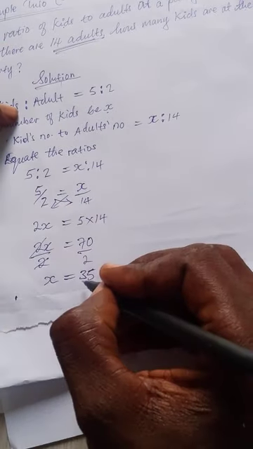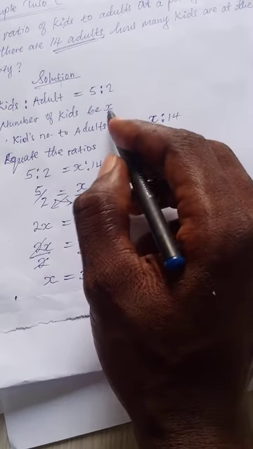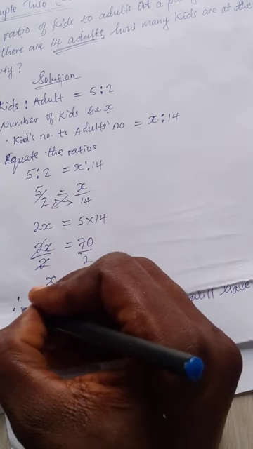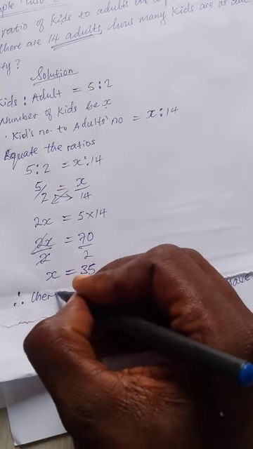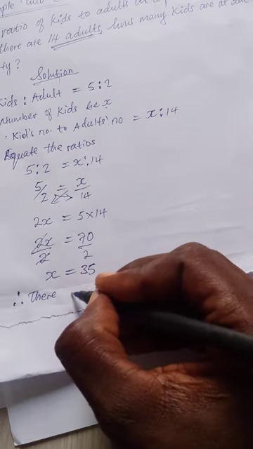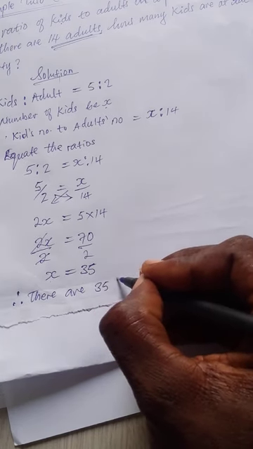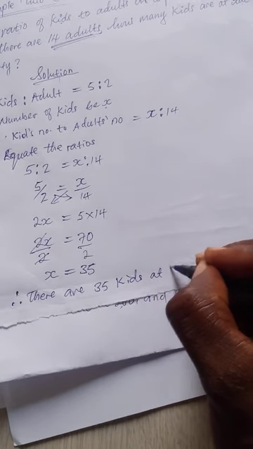Sure, now that x is 35 and x was asked to represent the number of kids, we now say, therefore, there are 35 kids at the party.